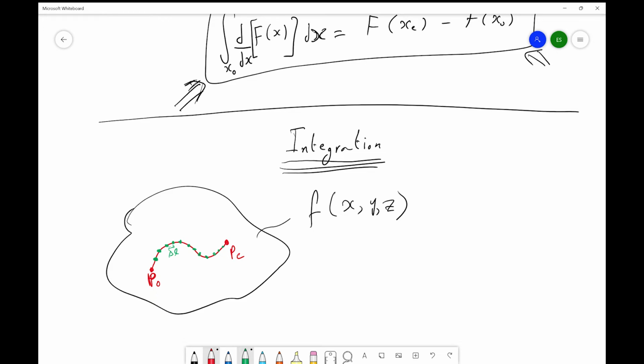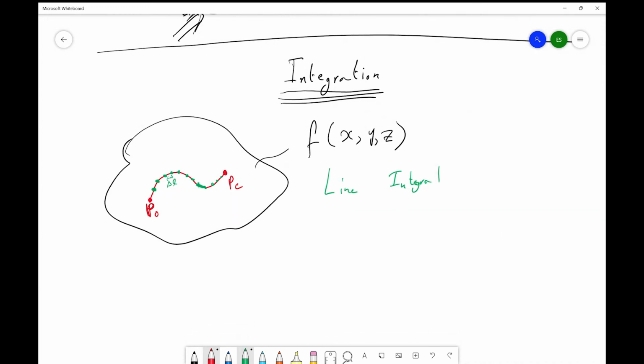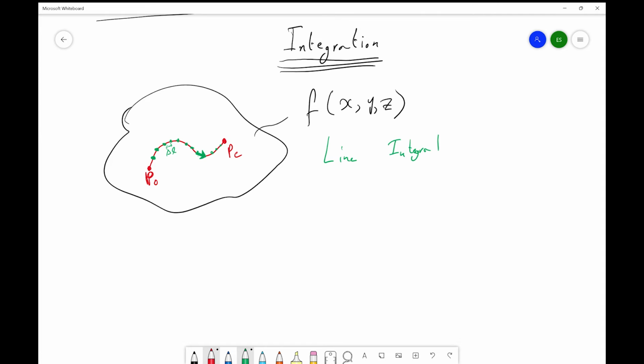This is called the line integral. So this is one way of integrating, and it requires us to define a line element. We're integrating across a line element. A line element will have a direction, so it's going to be a vector. This is one common way of integration.